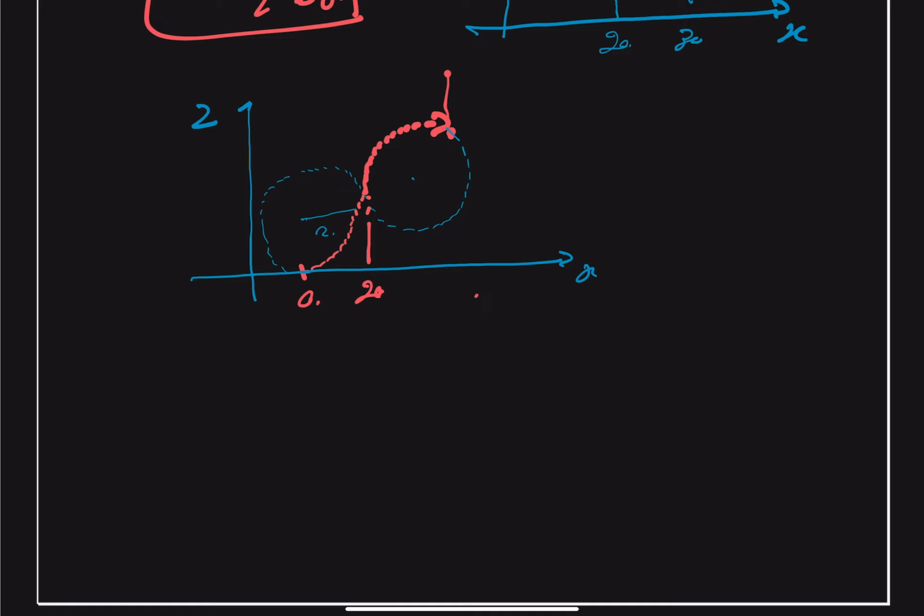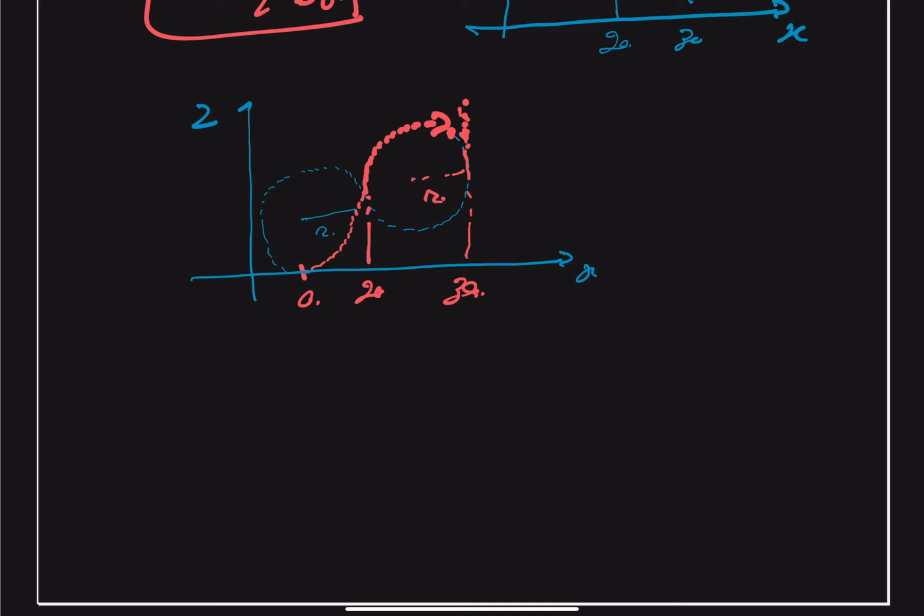Because the radius is the same in both cases, our 3a will be somewhere here, and this will be our radius. So therefore the actual shape of the graph will be something like an S curve.